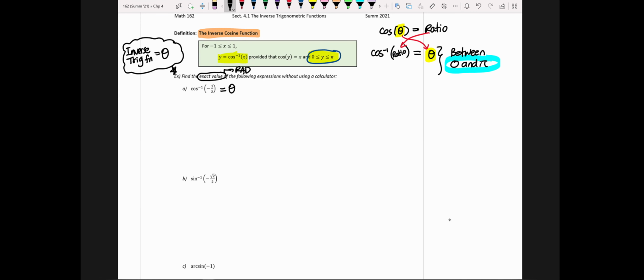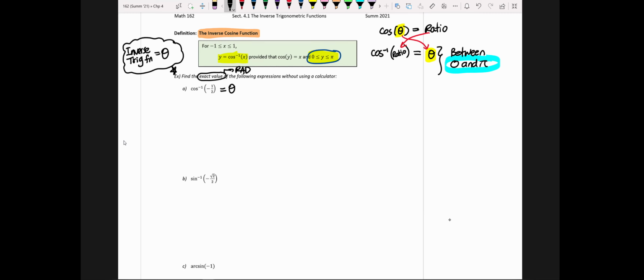Given the angle, we can find the coordinates. For inverse trig functions, we go in reverse. We're given a ratio of coordinates, and we have to go in reverse to find the angle. So that's why we've stated that students do need to know the unit circle thoroughly inside and out. Given input, you can find output. Given output, you can find input.